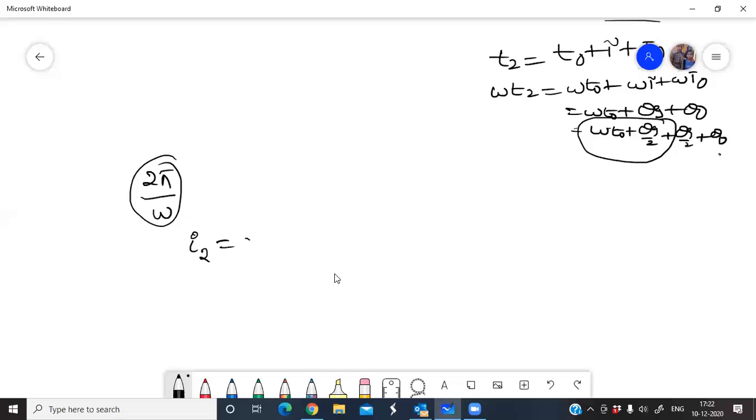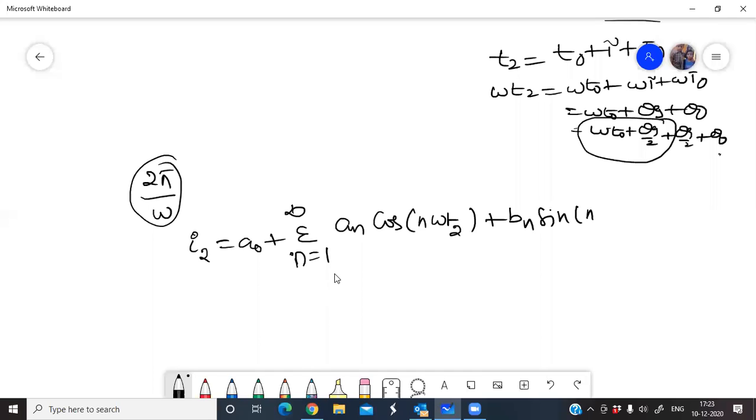That means you can write I2 equal to A naught plus sigma n equal to 1 to infinity. I think you know this formula. An cos n omega t. But here, what is the time here? T2. So n omega T2 plus Bn sin n omega T2.